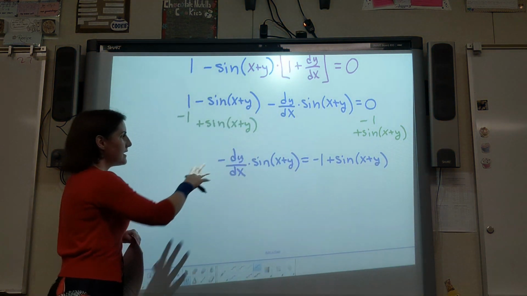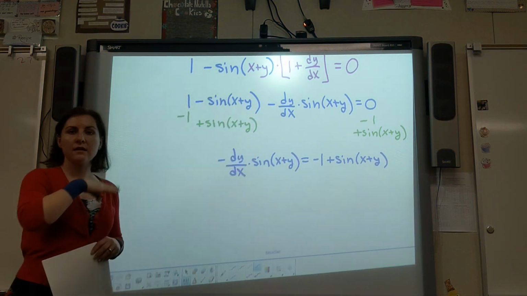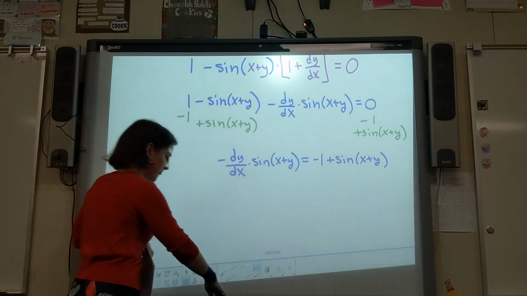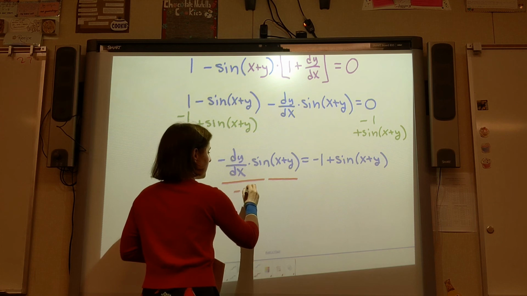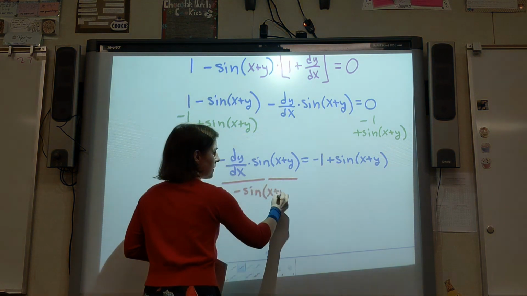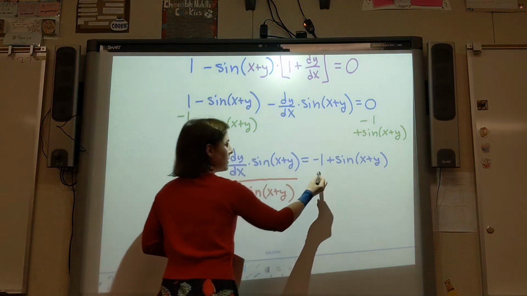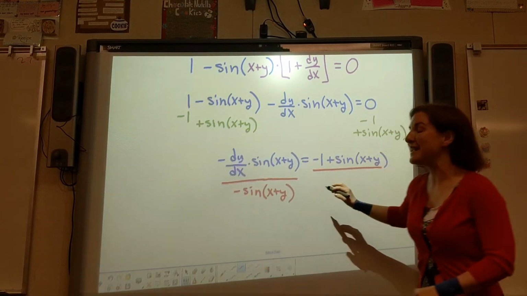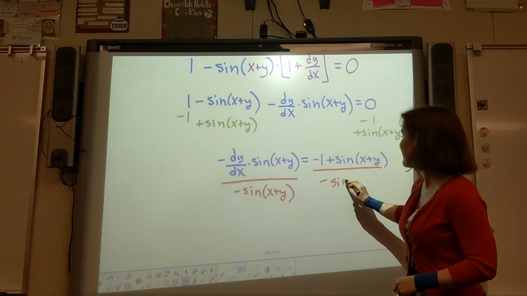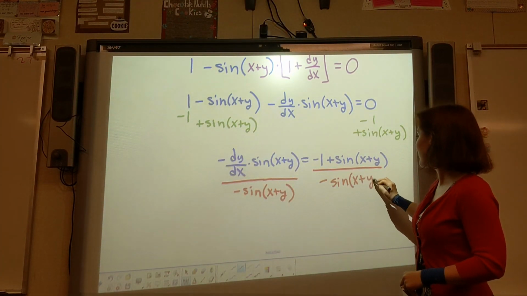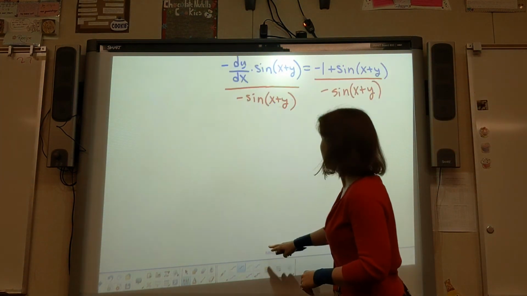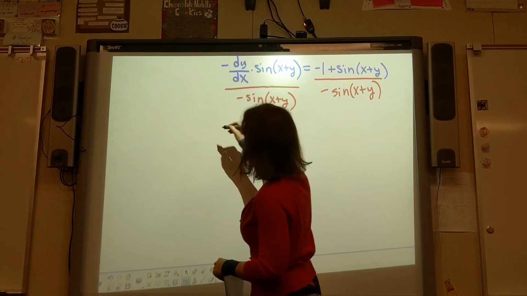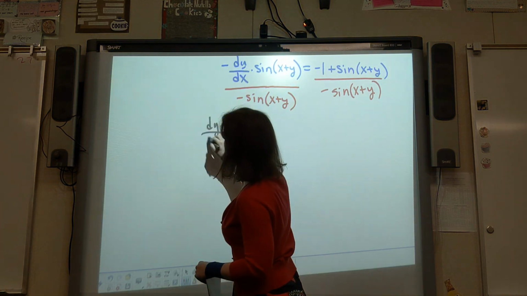Now I'm going to divide by negative sine of x plus y. Divide by negative sine of x plus y. Oh, algebra, it's good stuff. We divided by the negative, so we're left with just a positive dy dx.